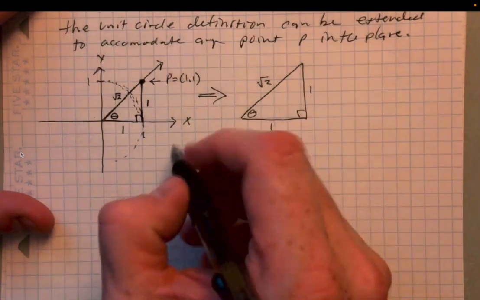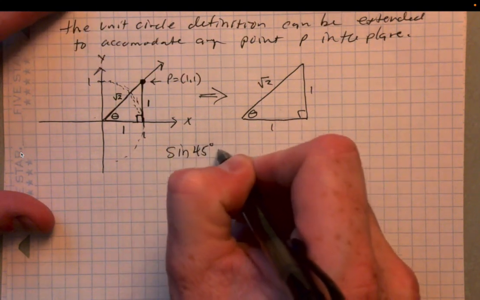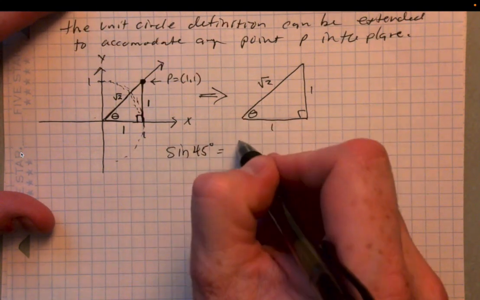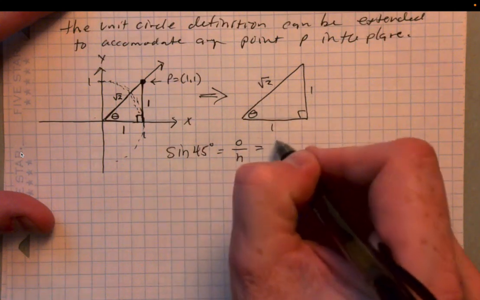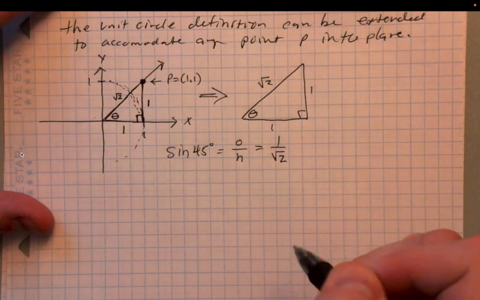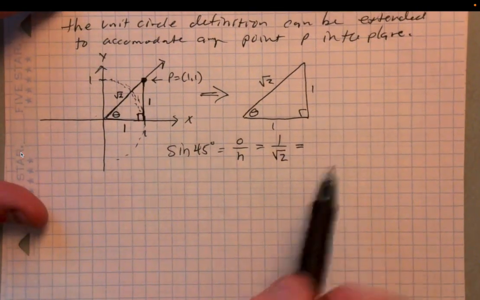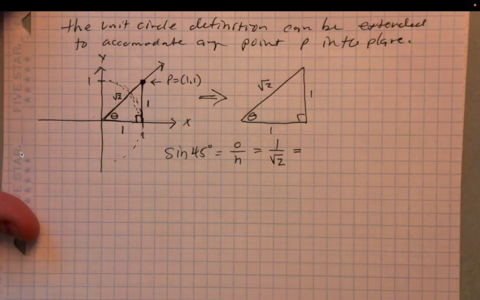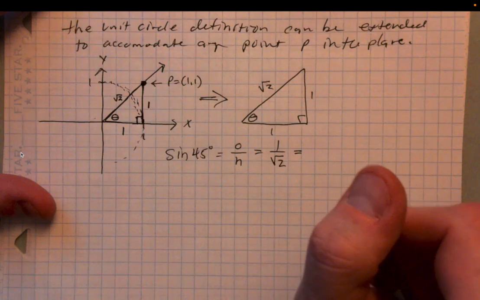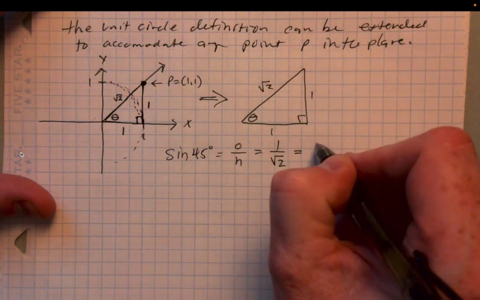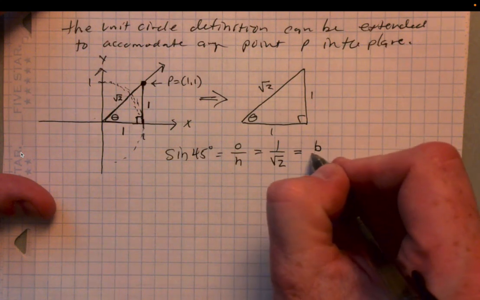And so this is the sine of 45 degrees. We did this one previously. We know that that's the opposite over the hypotenuse, so it's 1 over the square root of 2. And from the definition of trig functions using the unit circle approach, we know that the sine is defined to be b, just b if it's on the unit circle, but here it's actually something different.